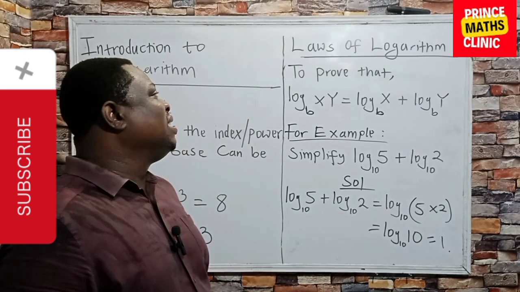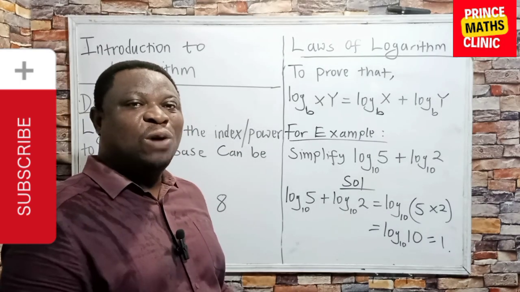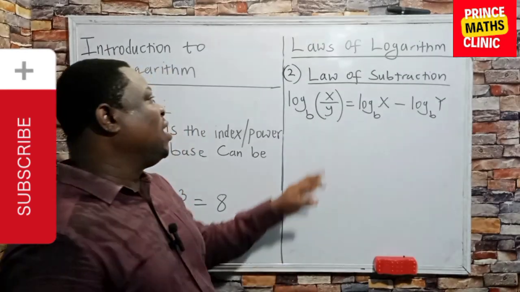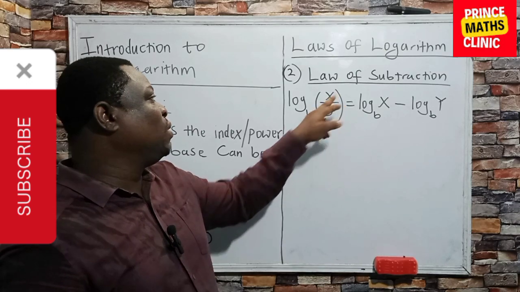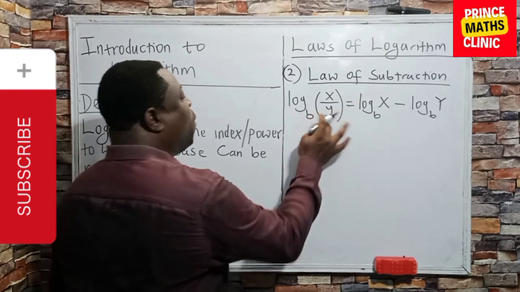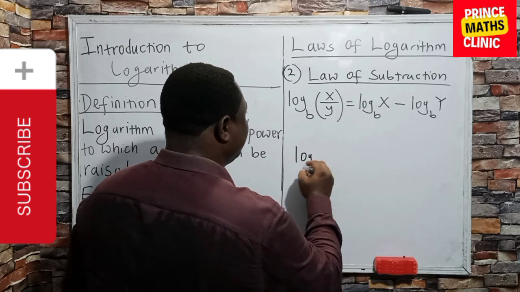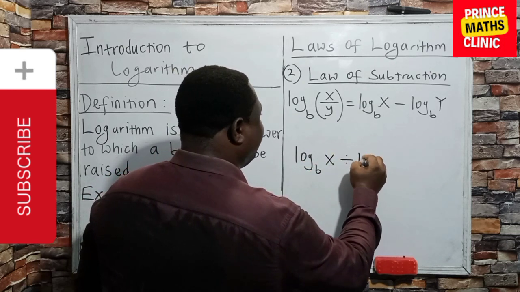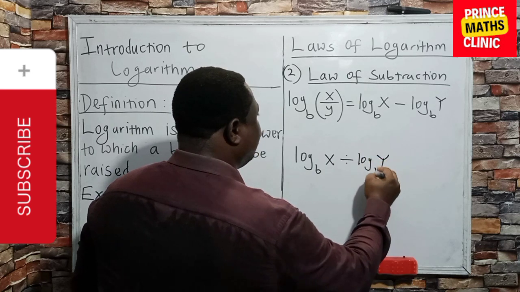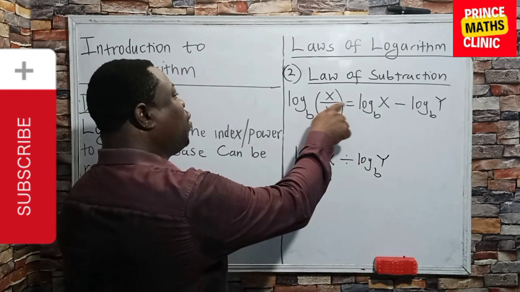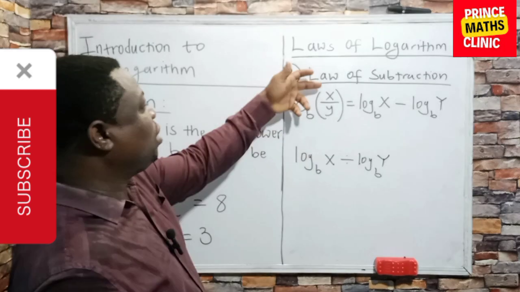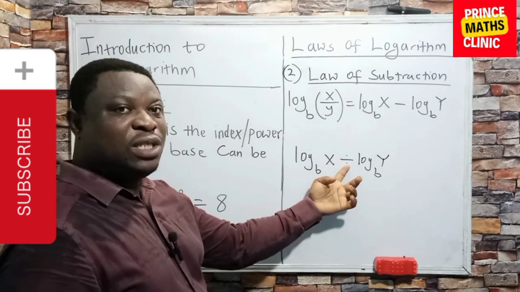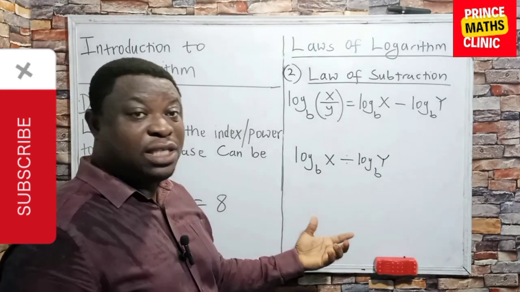Let's look at the second law, which is the law of subtraction. The law of subtraction tells us that under division, and division could be in this form or in this form, log x base b divided by log y base b, you see that in this form we have a numerator and denominator, or we have the division sign expressly written.